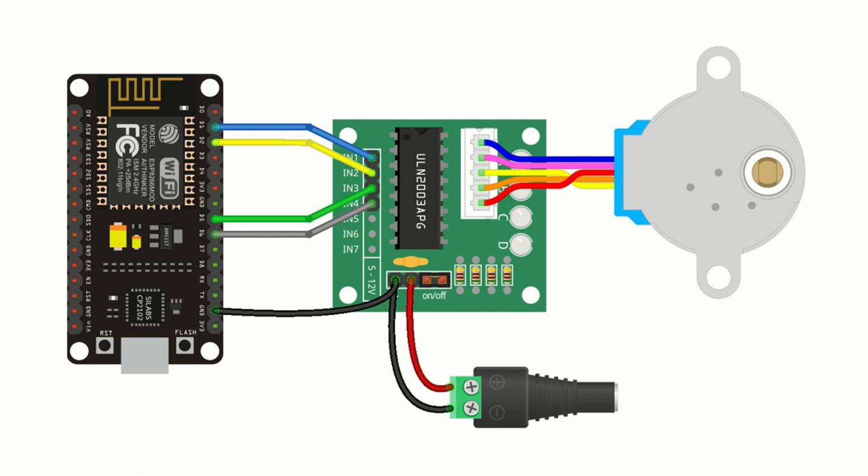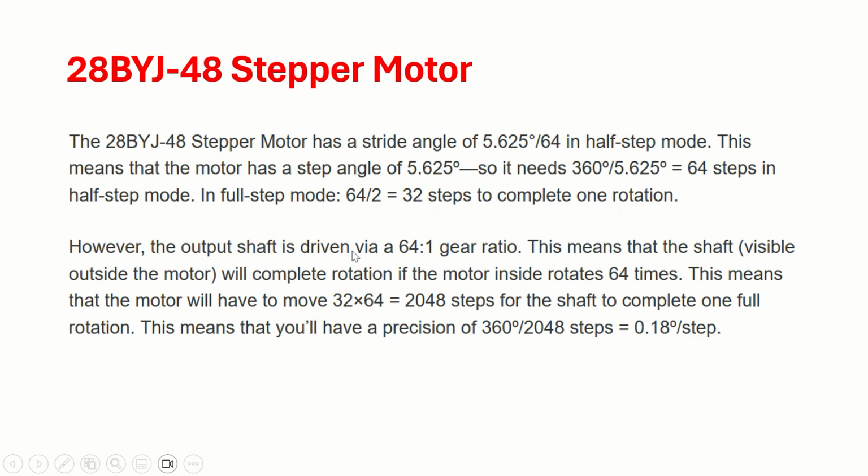If you do full step, then four possibilities. If you do half step, you have eight possibilities of rotating the motor. And based on the internal gear ratio, like it is said, 1 is to 64, those many pulses if you give, it will complete one revolution. So that's the construction of a motor.